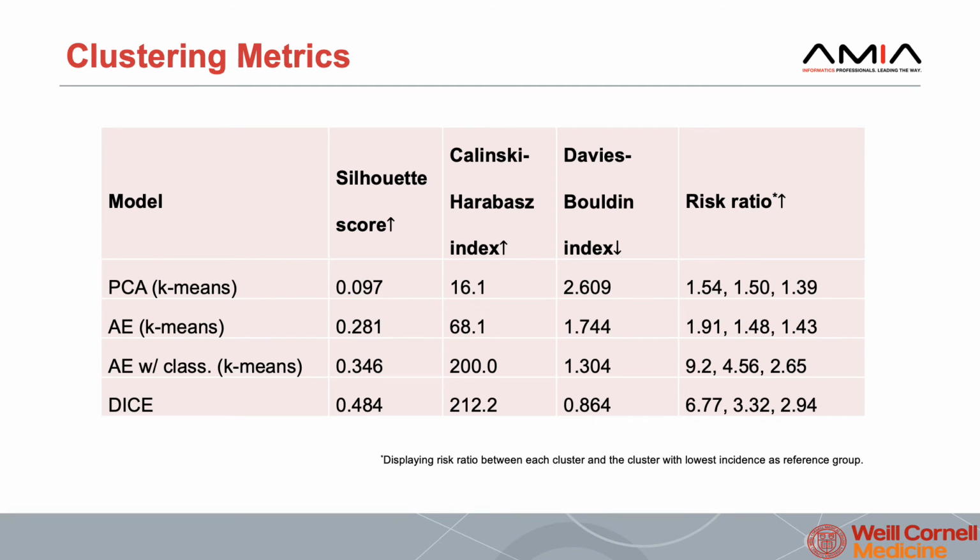So I want to show you the clustering metrics comparing DICE with the three baseline methods that we were able to compare. As you can see, DICE in terms of the clustering metrics of silhouette, Calinski-Harabasz index, Davies-Bouldin index, has a superior performance, higher silhouette score, higher Calinski-Harabasz, and lower Davies-Bouldin, showing a better cluster purity.